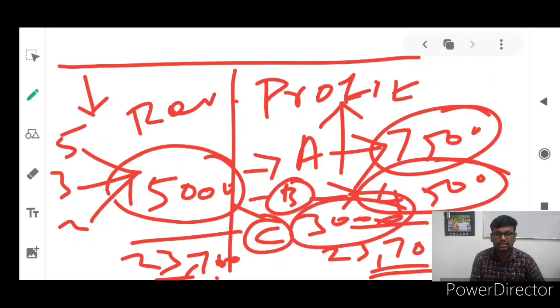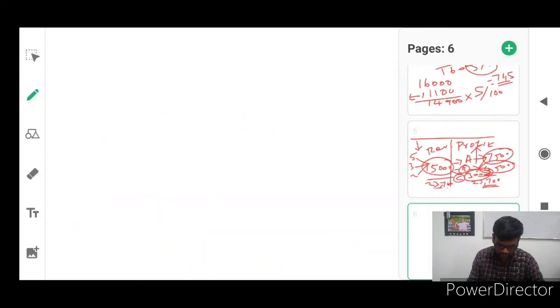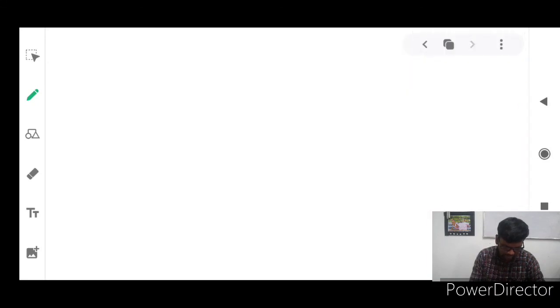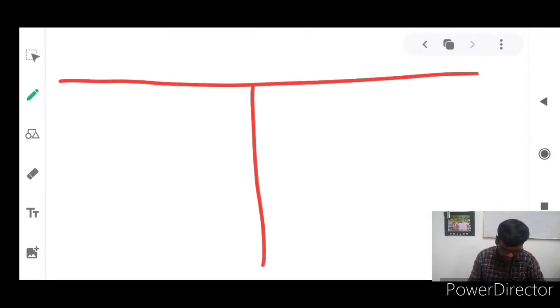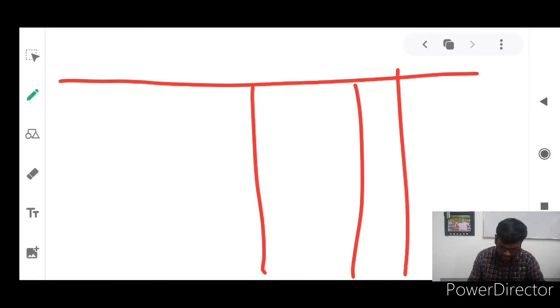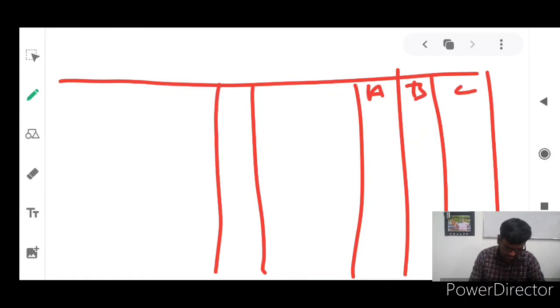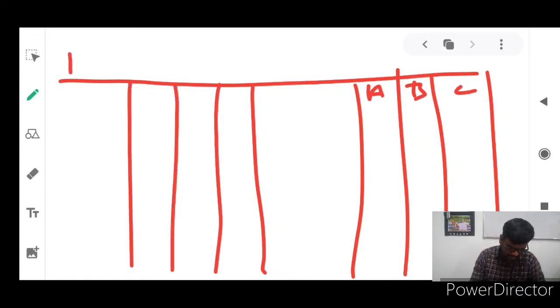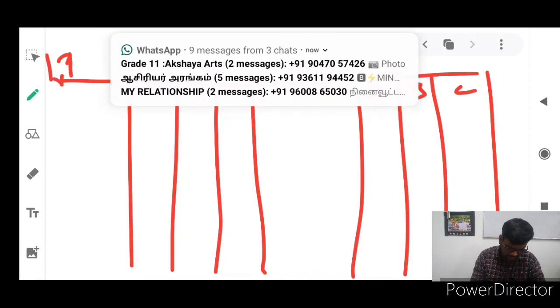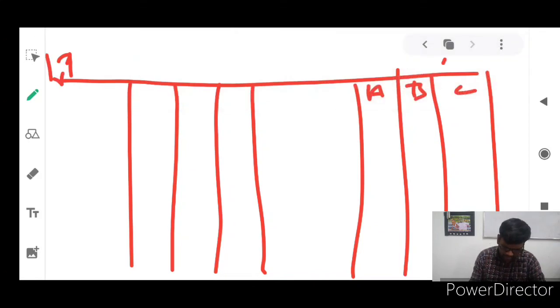After appropriating this revaluation profit, it should be credited to the partners' capital accounts. Here they did not open the partners' capital account, so for your convenience I am opening it. Particulars: partner A, partner B, partner C, on the debit side, and the same on the credit side of the partners' capital account.